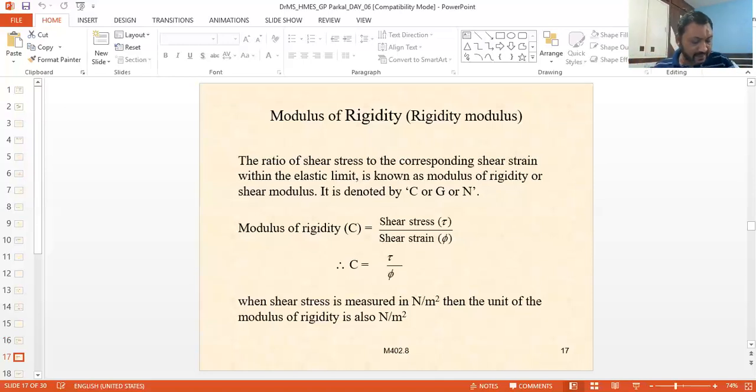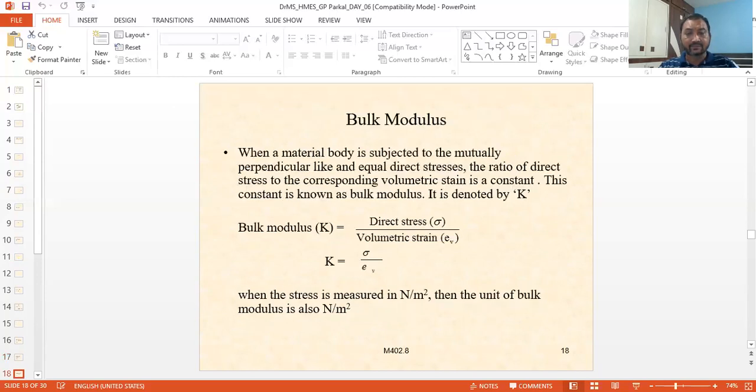Here tau is the shear stress produced in the material, and phi is an angle, the angle one of the surfaces makes, measured in radians, which gives the shear strain. So tau by phi is called the shear modulus, or the modulus of rigidity, and the units are newtons per square meter or newtons per square millimeter.